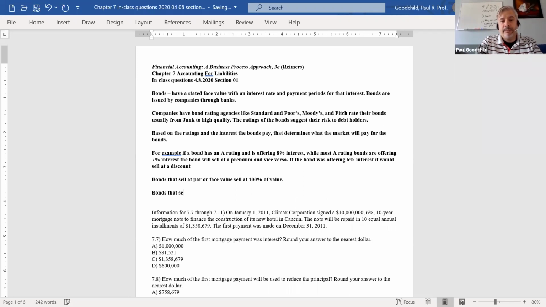Bonds that sell at a discount are less than 100%, and at a premium, more than 100%.